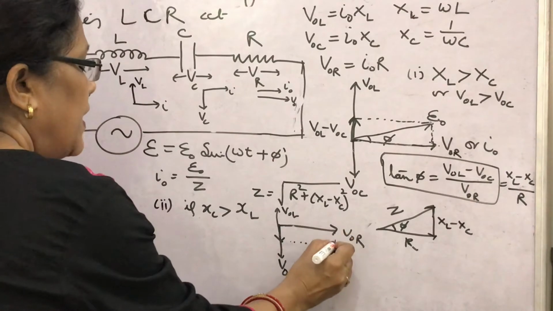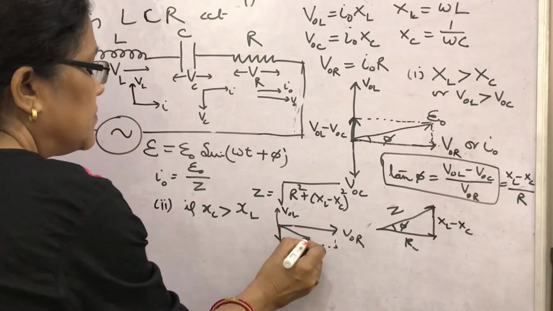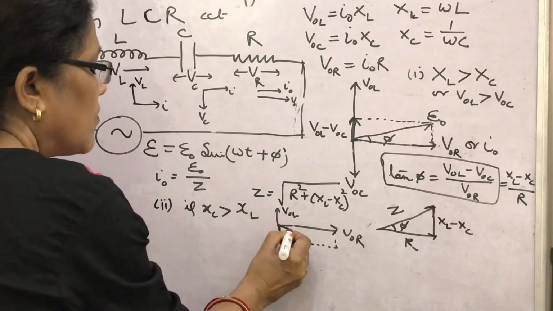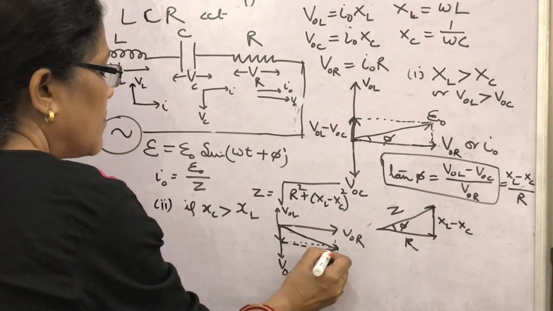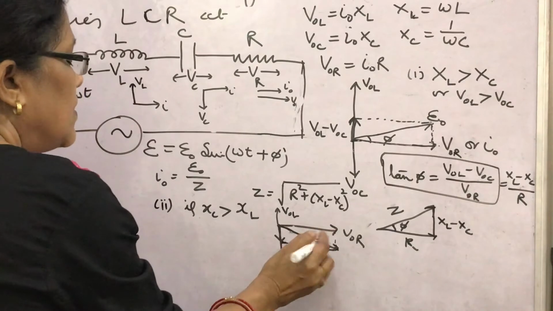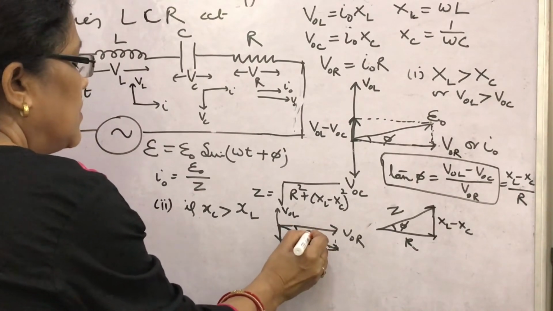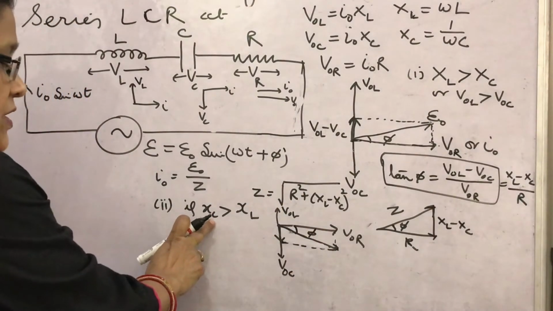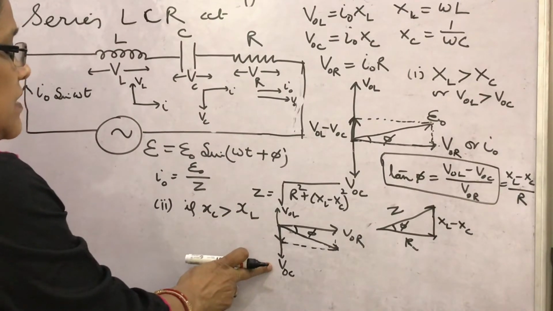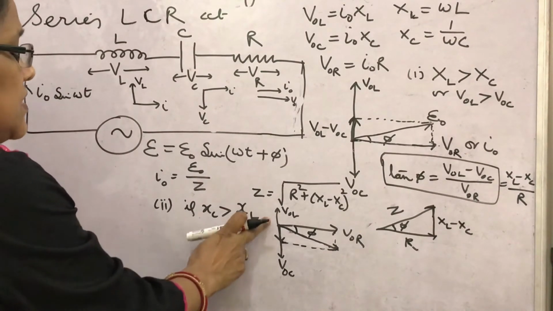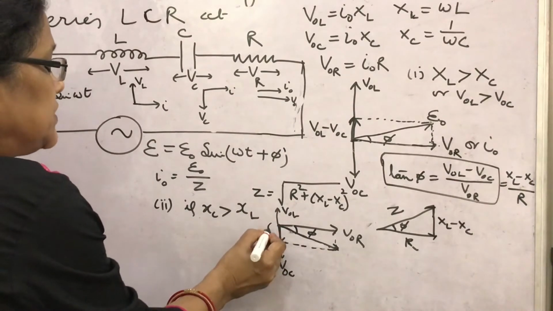Here it can be drawn like this. That means the XC greater than XL case will give V naught C greater than V naught L, then the resultant will be this one.